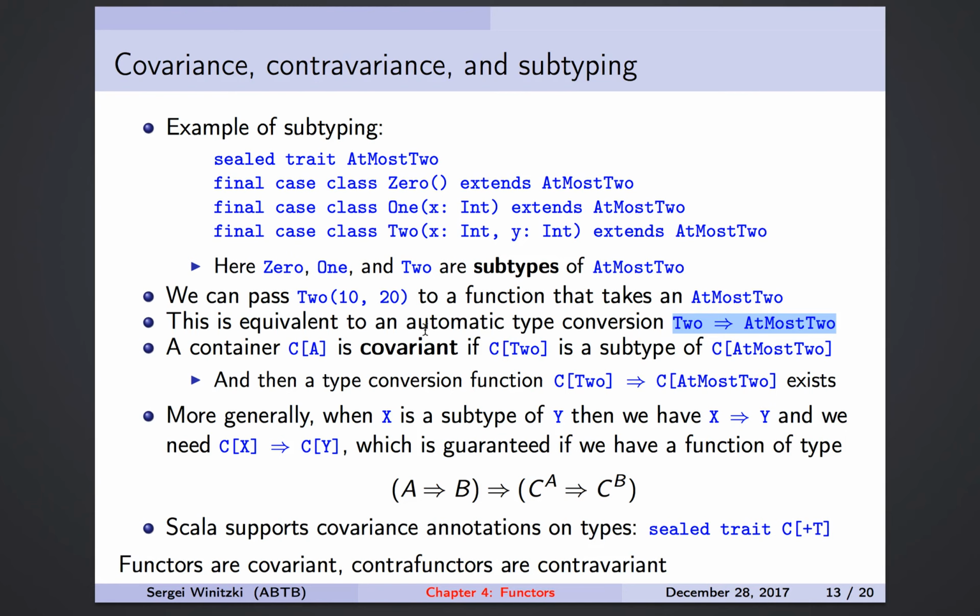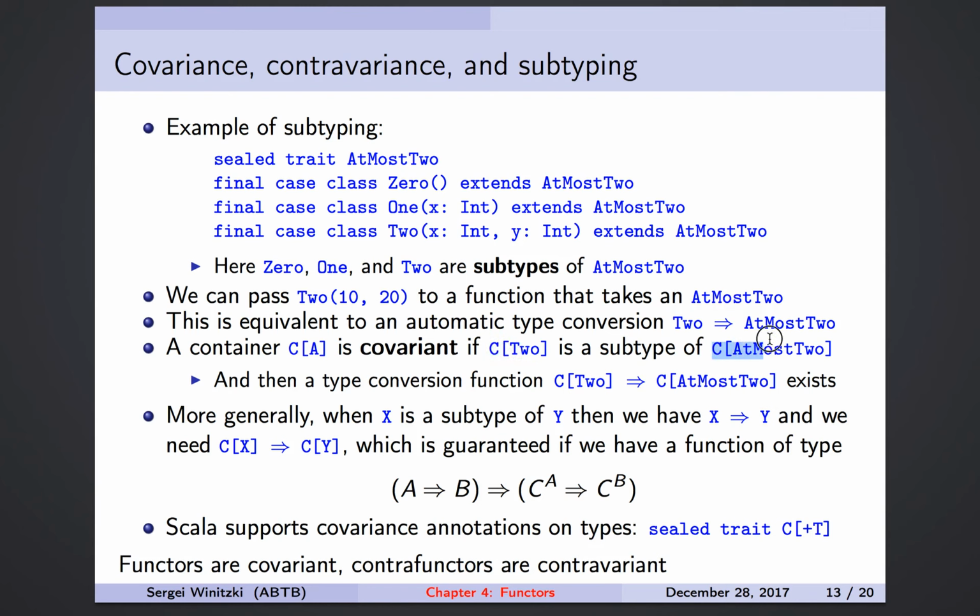So what does it mean that a type constructor is covariant? It means that the container or type constructor applied to the type 2 is a subtype of the container of at most 2. In other words, when you lift these types into the container type, they still are subtypes of each other.